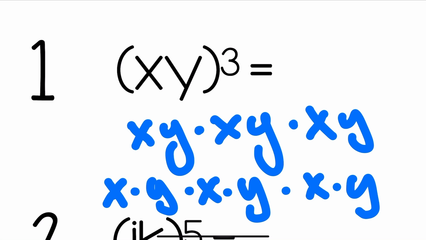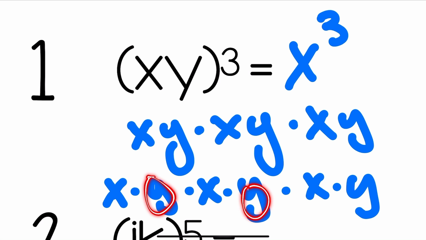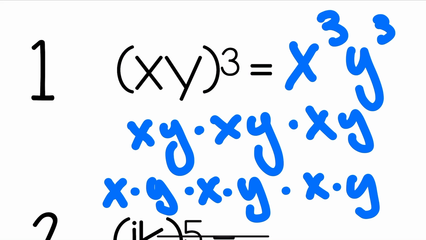So what do we have? I see we have 1, 2, 3 x's, so that's x to the 3rd. And we have 1, 2, 3 y's, so that's y to the 3rd. So for our rule, it looks like we're just distributing this exponent to both of the variables inside of your parentheses.